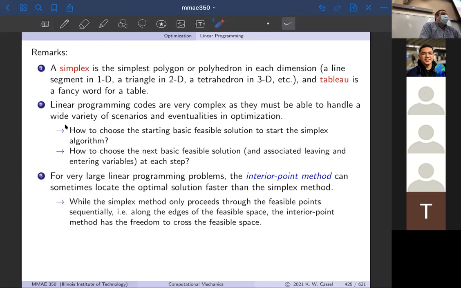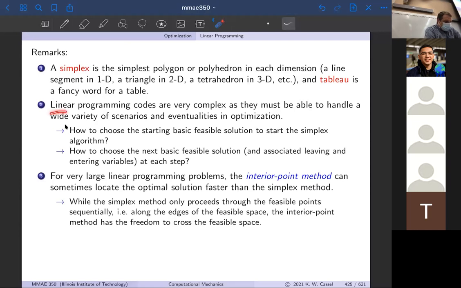So that's where the term comes from. So it doesn't really have anything to do with the algorithm. That's just the name that someone decided to use. And a tableau, as I've said before, is a fancy French word for a table. So that's where the tableau comes from.